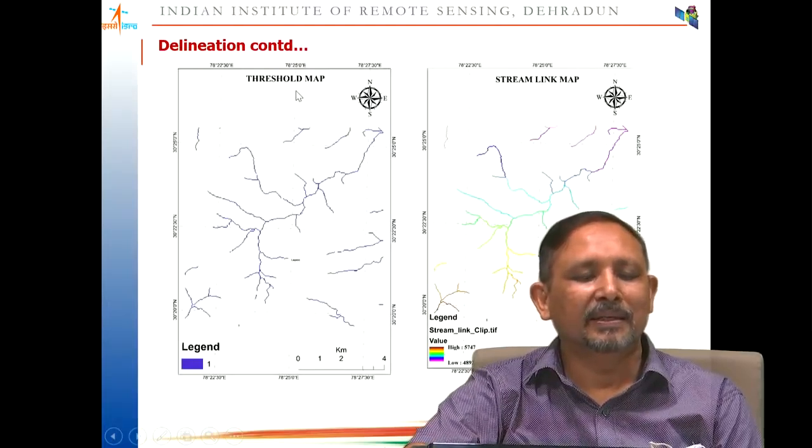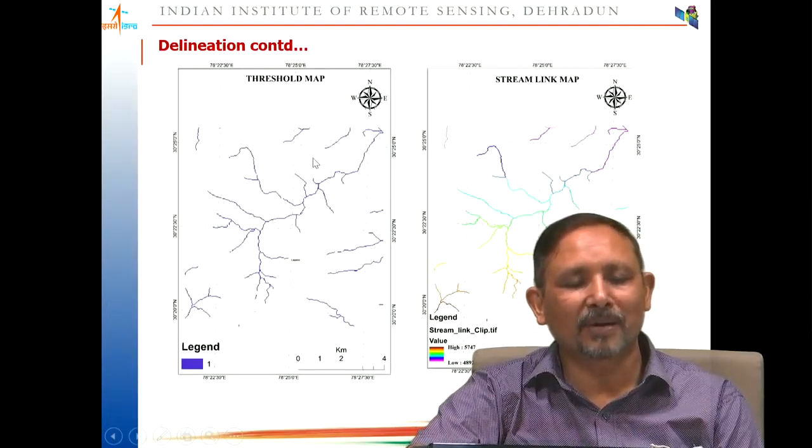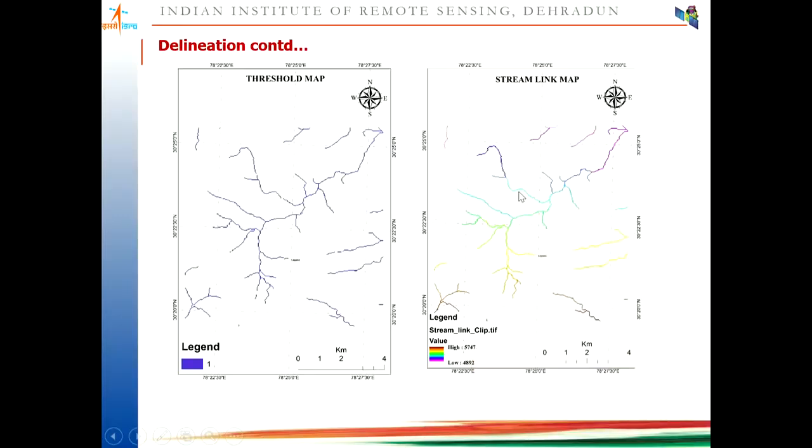From the flow direction map and flow accumulation map, if you give a threshold value, we can generate the stream map. Suppose this is the first order, this is the second order, and this is the third order stream. So all the order streams can be generated from the DEM by providing a suitable threshold value.